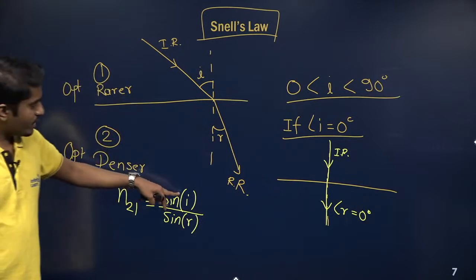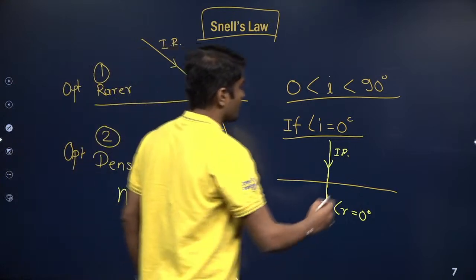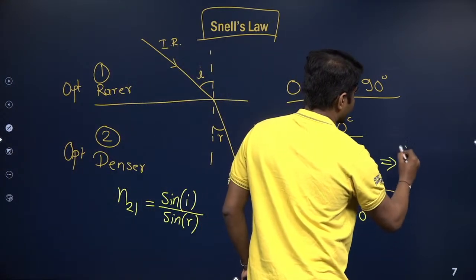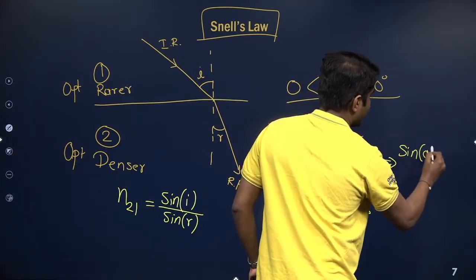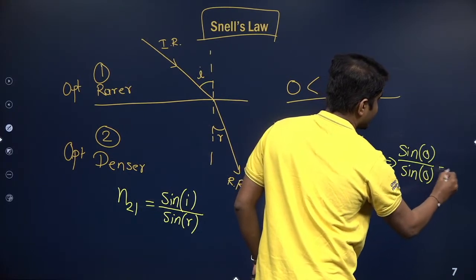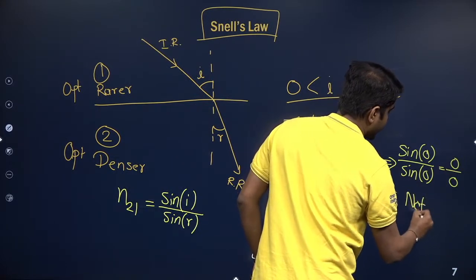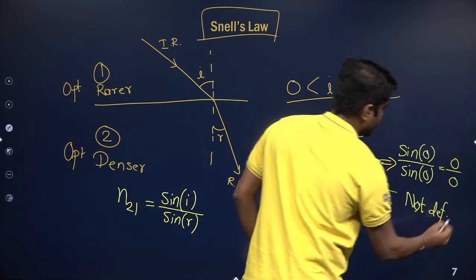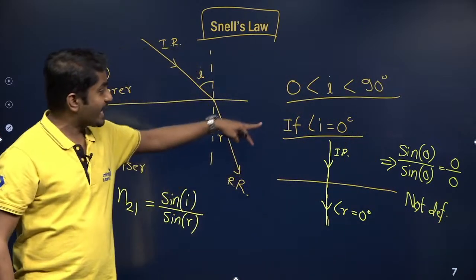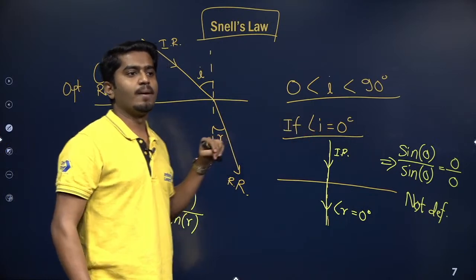Now if both the angles are 0, what will this ratio be? Sine 0 divided by sine 0 is 0 divided by 0, which is not defined. So when the angle of incidence is 0 degrees, we cannot use Snell's law.